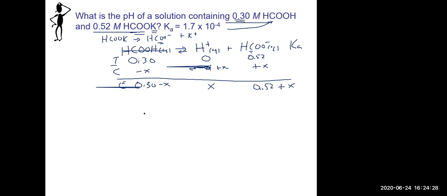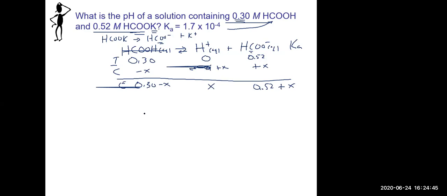You then would go into the Ka expression like we've done before. You would solve for X. X would equal your H+ concentration, and that would get you to your pH.